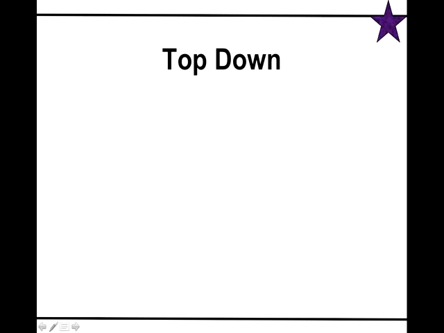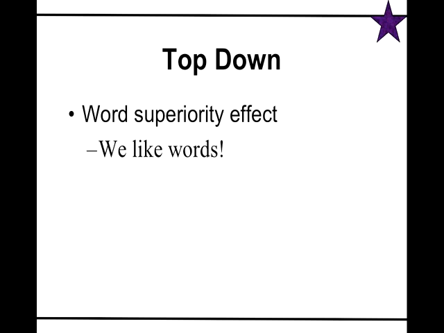The most important for top-down context is the word superiority effect. This is that thing that you see on Facebook where people have scrambled the letters in the word and say, as long as the first and the last letter are there, you can read it, A+. And that's true. We do like things to make actual words. So we can read words that are scrambled or misspelled because of our expectation of what is supposed to be there.